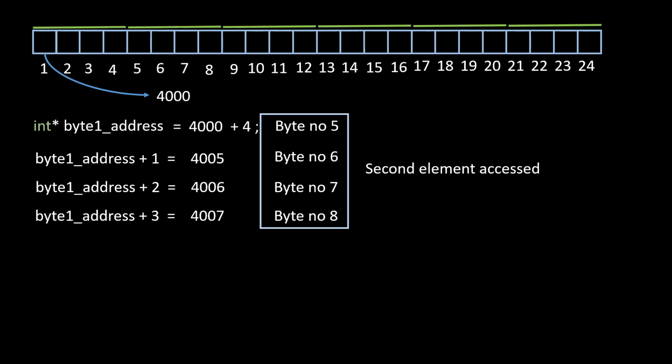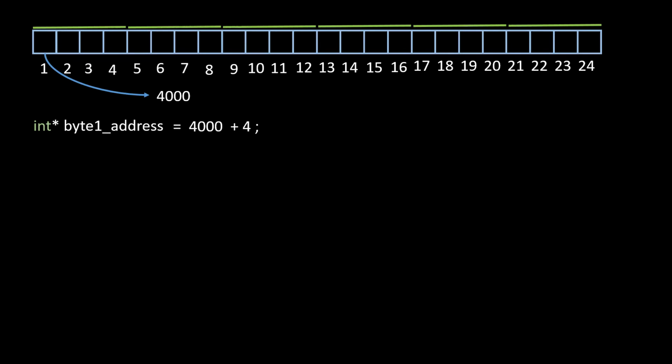And we can notice that there is a common pattern to access all the elements of our array. So what is the pattern? Let's see. Suppose that we want to access the first element of our array, then we have to assign the address of the first byte of our first element to the byte1 address pointer. And now we can access all the rest of the bytes of our first element of the array.